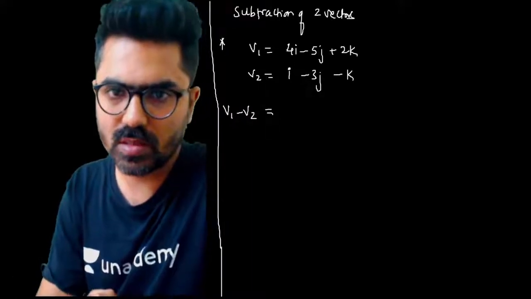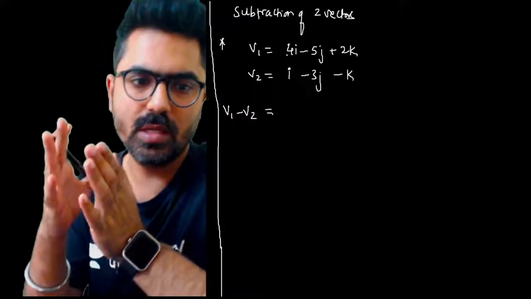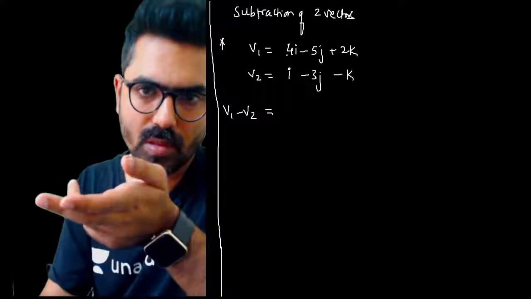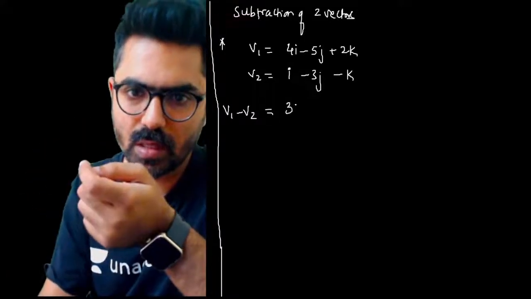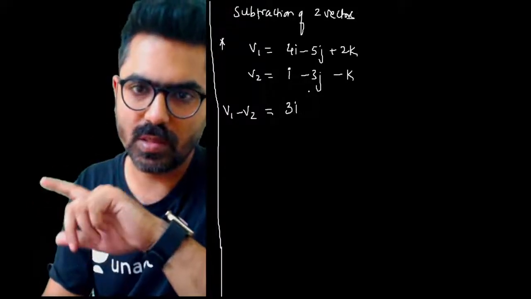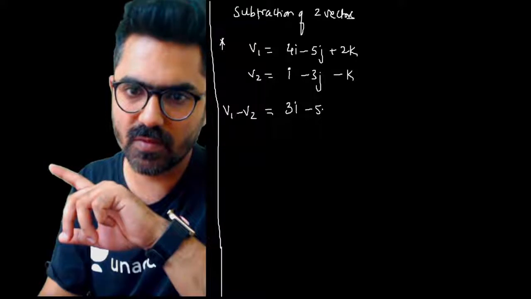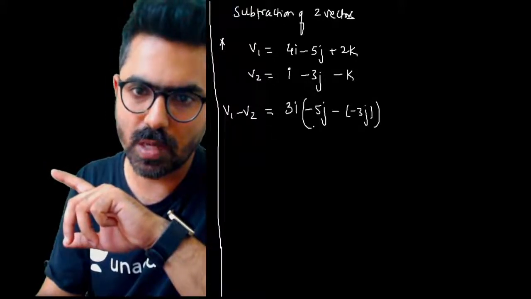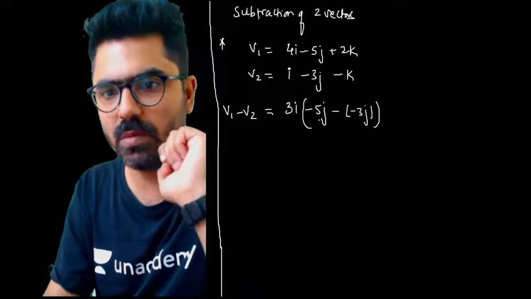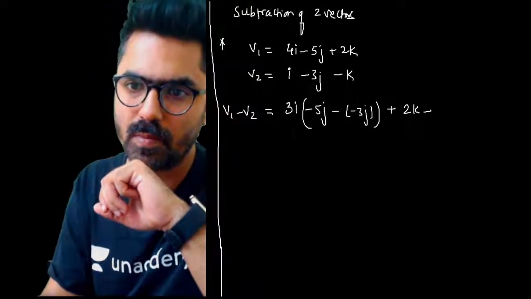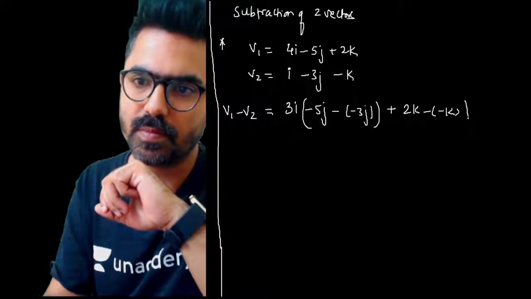In this case, when you subtract, you have to subtract the corresponding components of i, j and k. So 4i minus i will be 3i, minus 5j minus of minus 3j, this part will become plus. Similarly, 2k minus of minus k.